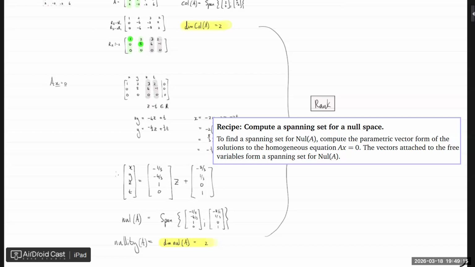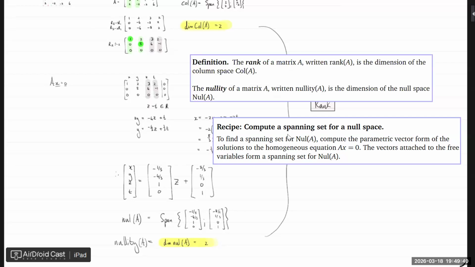So in this case, the rank was 2, the nullity was 2, and it was a 3 by 4 matrix. There were 4 vectors.